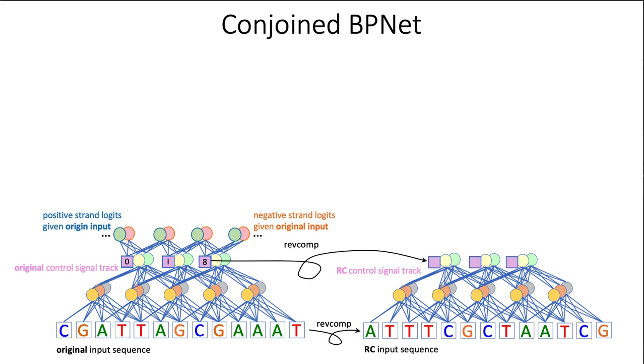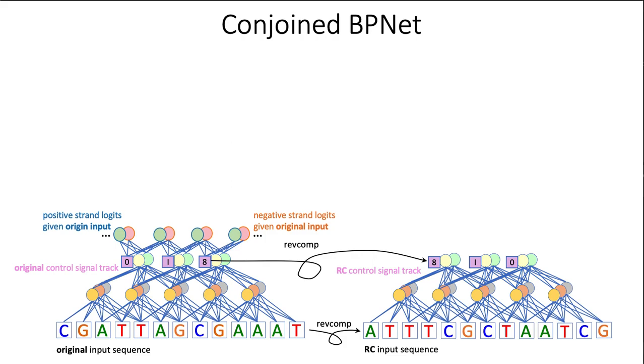The control signal track is then concatenated as an extra channel of an intermediate convolutional layer and would also have to be reverse complemented to match the orientation of the input sequence. In our models, the control track is not stranded, so reverse complementing it is the same as reversing it. And I've added some toy values to make that clearer.